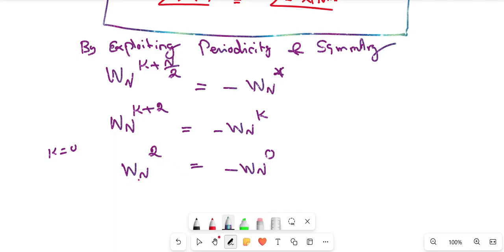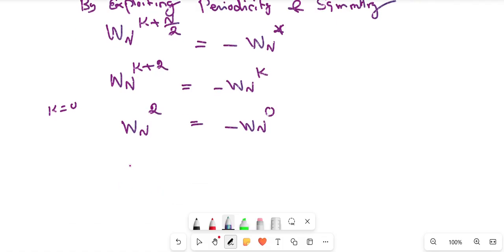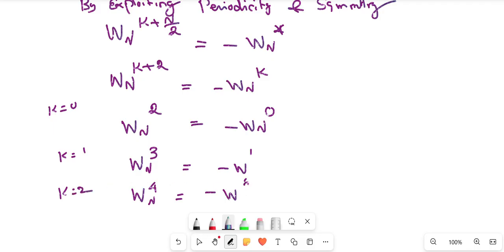Similarly, you can write W power 3 is equal to minus W power 1, W power 4 is equal to minus W power 2. So k equal to 0, k equal to 1, k equal to 2, so W power 2.